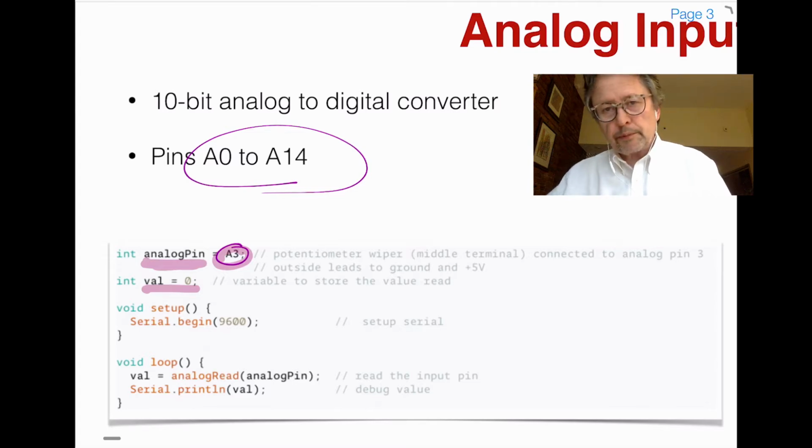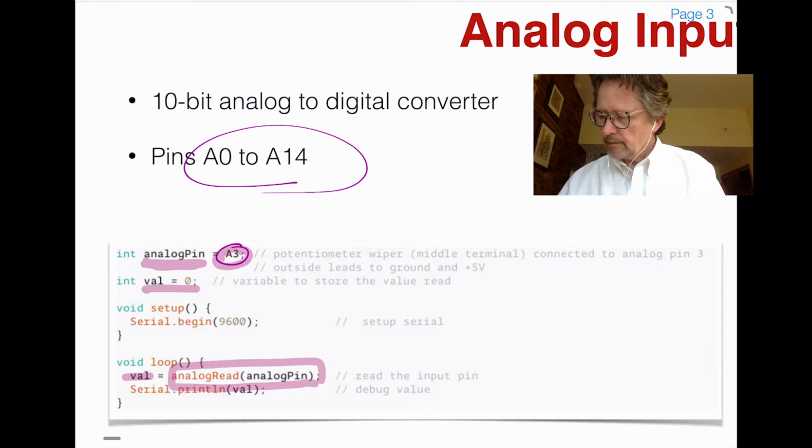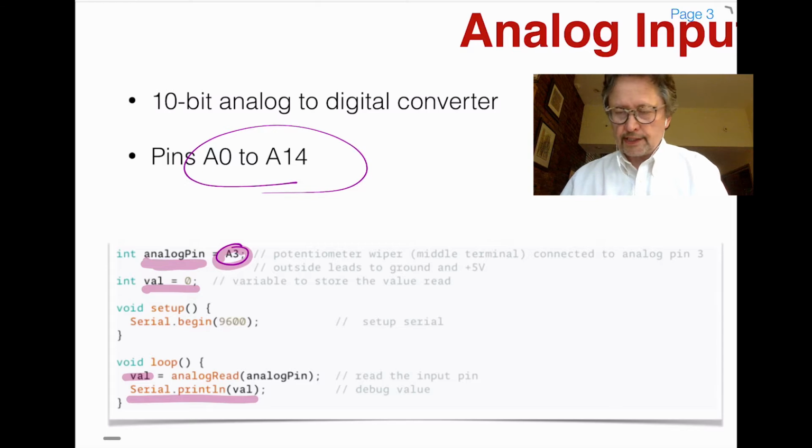And I'm going to be displaying on a serial monitor, so I have to initialize the communication speed here for my serial monitor. And then val equals analogRead. That's a new function. I'm going to read the analog pin with an analog reading function, which is orange coded. And then once I have that, I'm going to print it on the serial monitor.